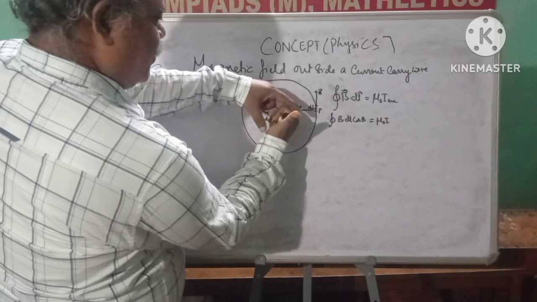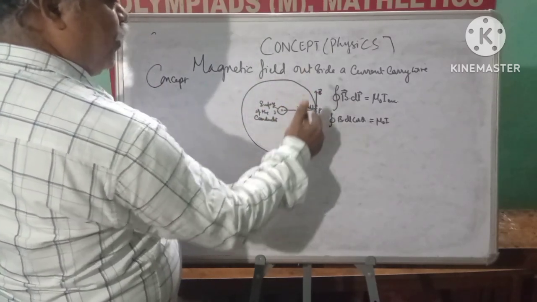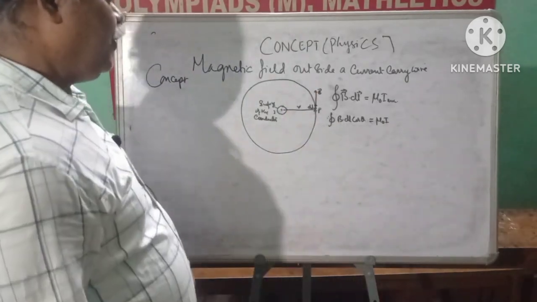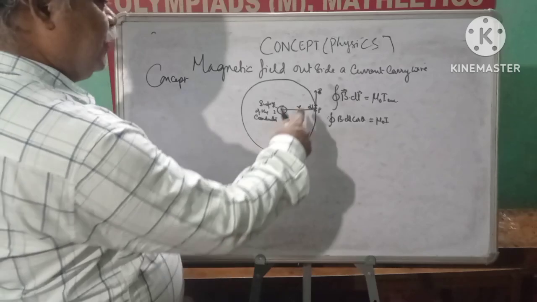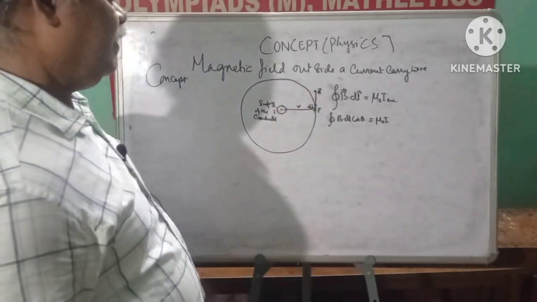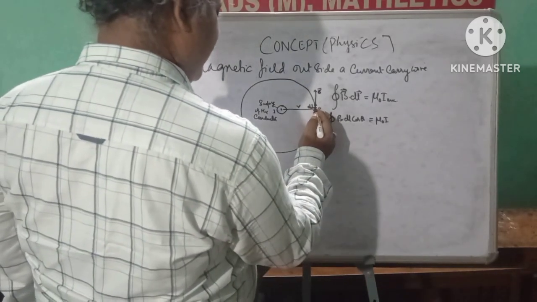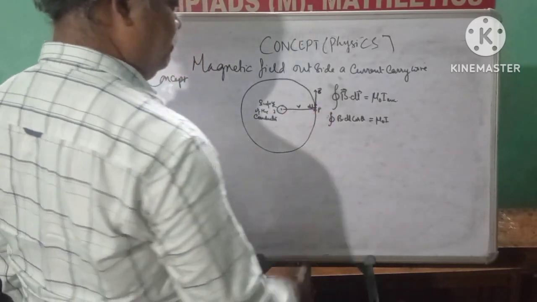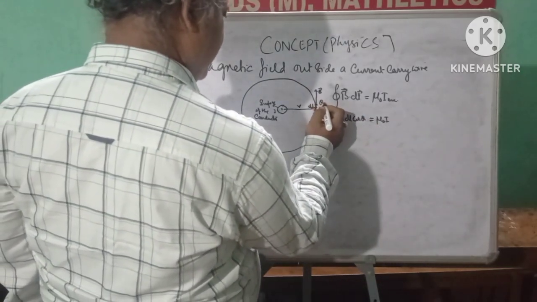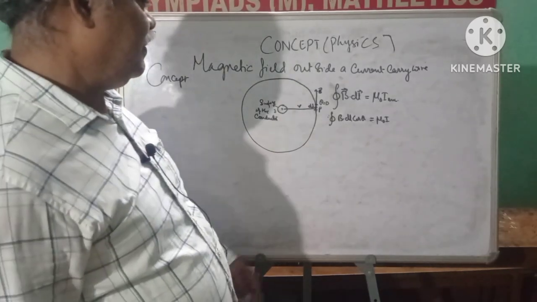The tangent at point P gives the direction of the magnetic field B, and the direction of dl is also the same. So cos theta is 1, since theta is 0.